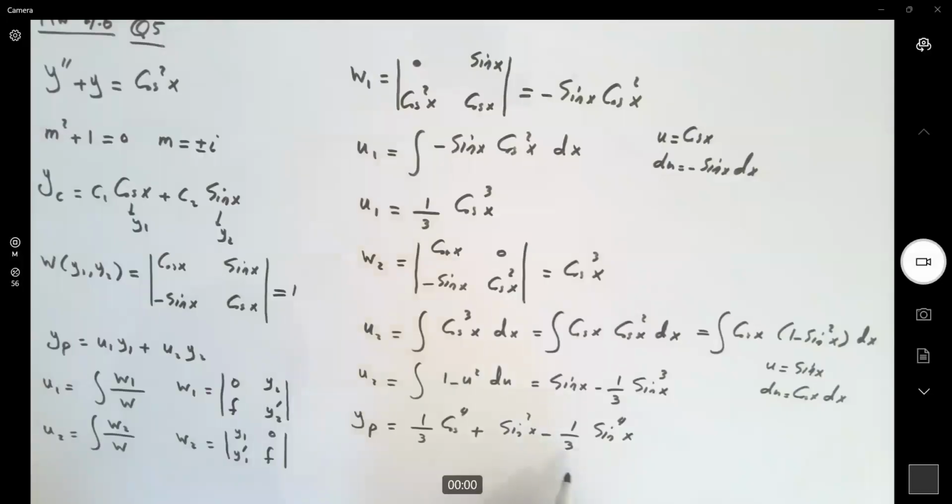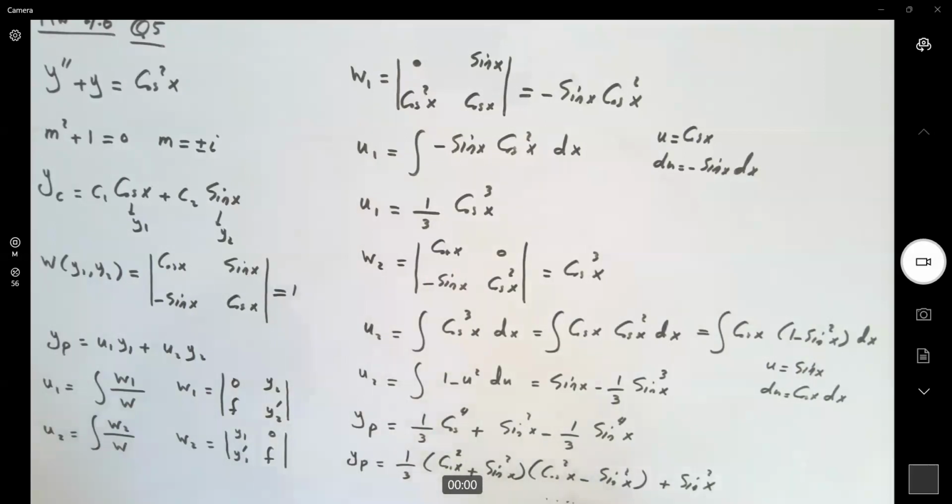Of course, we can simplify this more by writing a third and then writing yp equals a third cosine squared of x times cosine squared of x plus sine squared of x, minus sine squared of x plus sine squared of x. So of course, this is just 1, and you end up with a third cosine squared of x minus sine squared of x, or cosine 2x, plus sine squared of x.